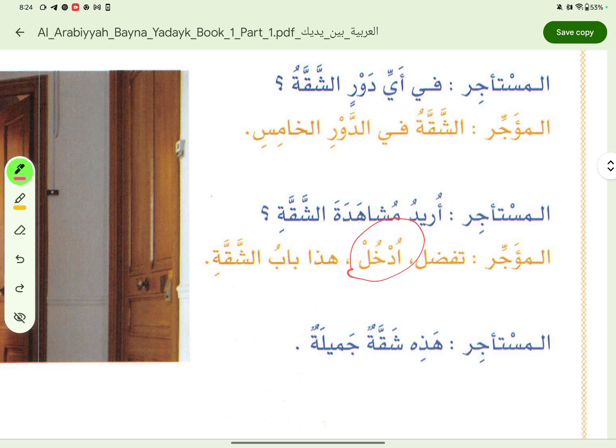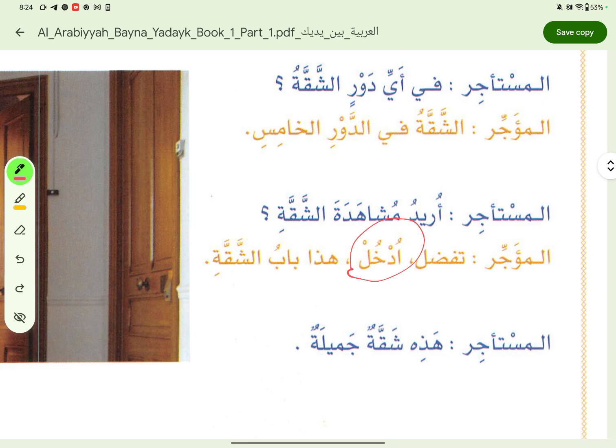Actually, I think even in English, we add something on. I will enter, or will. So here we have udkhul, which means enter. It is a command to enter.